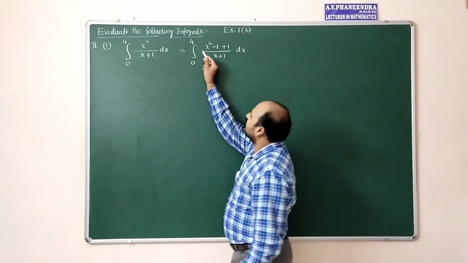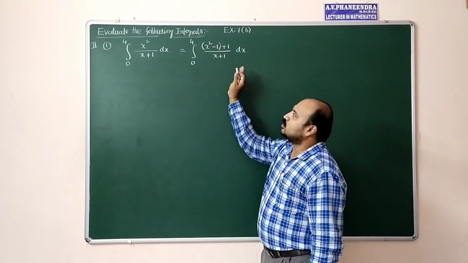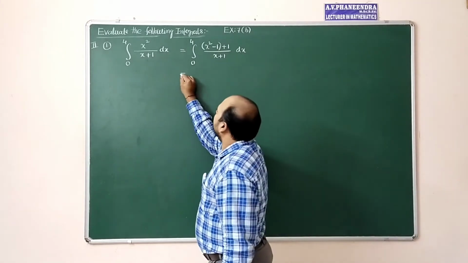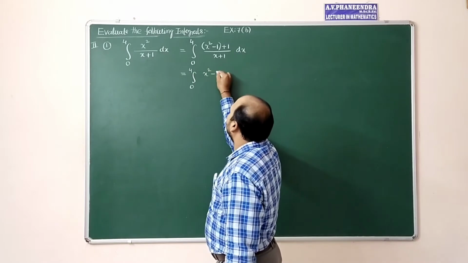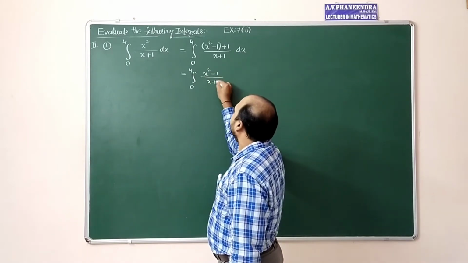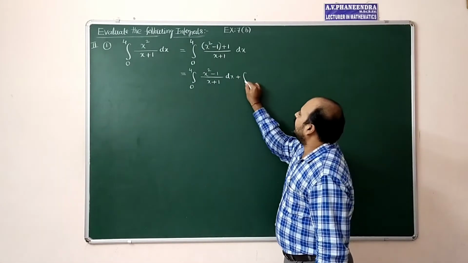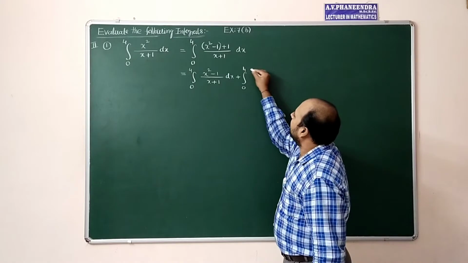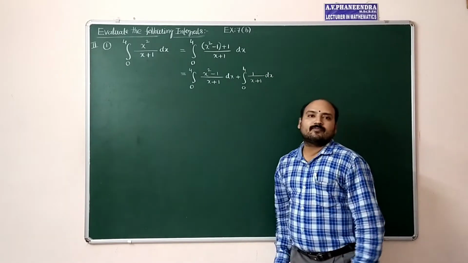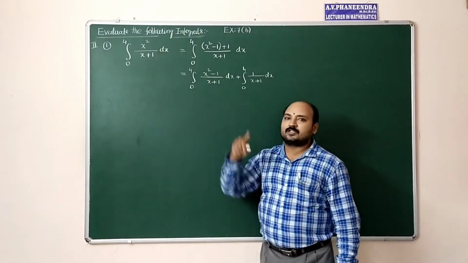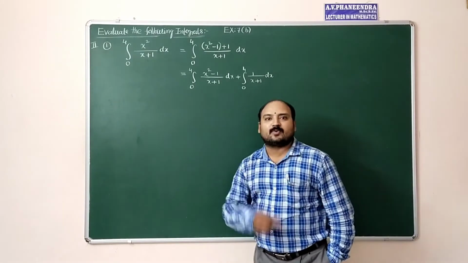After that, x square minus 1 I am considering as one term. After that, split into two integrals, which is equal to integral 0 to 4 x square minus 1 divided by x plus 1 into dx plus integral 0 to 4 1 by x plus 1 into dx. We know that x square minus 1 is in the form of x minus 1 into x plus 1.